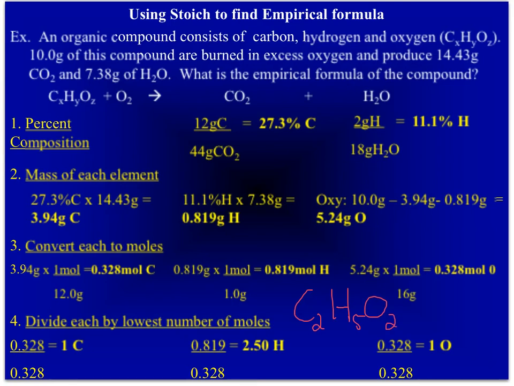And that's how you find the empirical formula through the combustion of an organic compound. The only new step is finding the percent composition of carbon in CO2 and the percent composition of hydrogen in H2O.